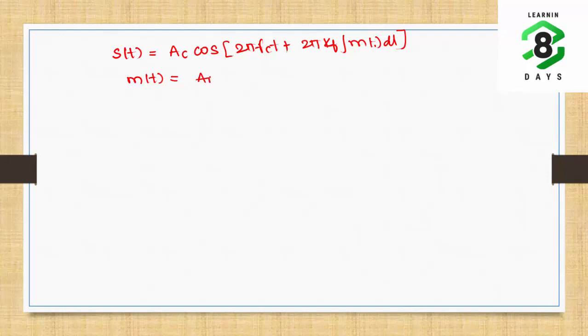So let's take the message signal m(t) = A_m cos(2π f_m t), where A_m is the amplitude of the message signal and f_m is the frequency of the message signal. Let's substitute equation 2 in equation 1.